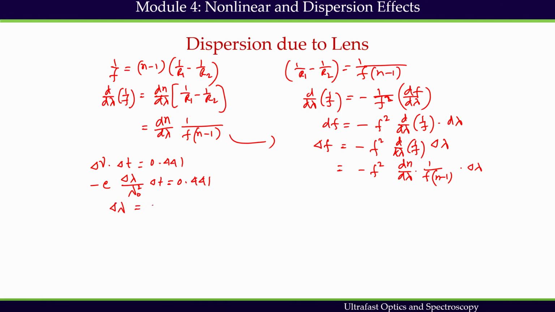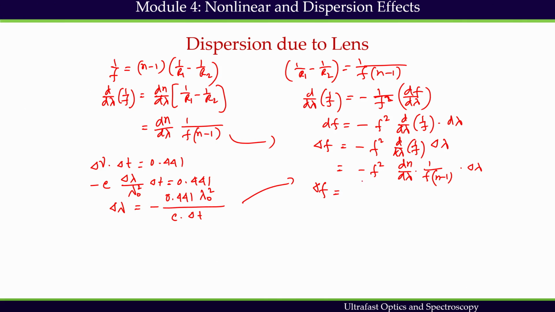So we are expressing the time bandwidth product in terms of delta lambda and delta t, which gives delta lambda equals 0.441 lambda naught square divided by c multiplied by delta t, which can be plugged in here.